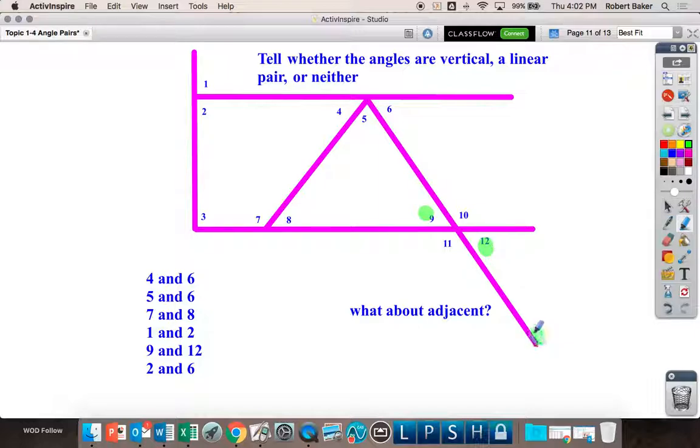Here's one line right here, here's one line right here. What about 2 and 6? That's not what it means. Just no.